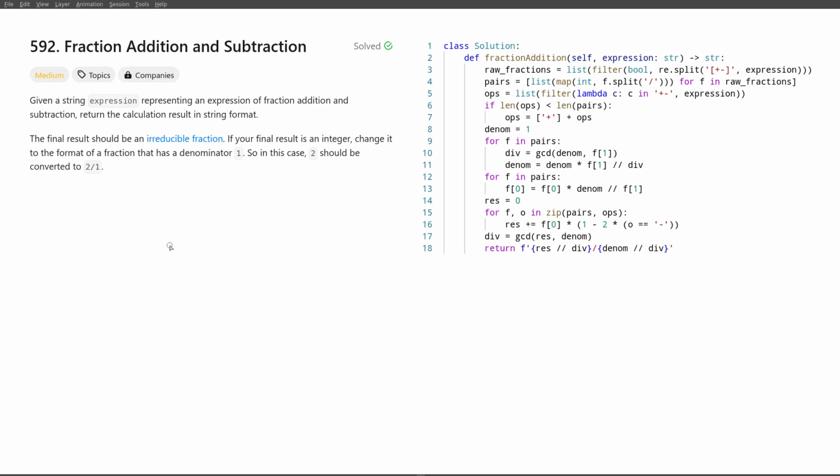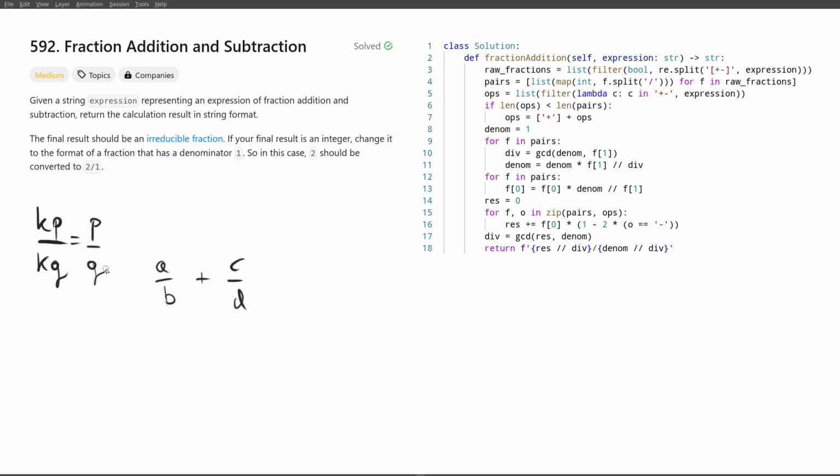In general, when you have a divided by b and you want to add it to c divided by d, you of course want the result to be an irreducible fraction. So in general, when you have a fraction kp by kq, where p and q are coprime, this is the same thing as just p over q.